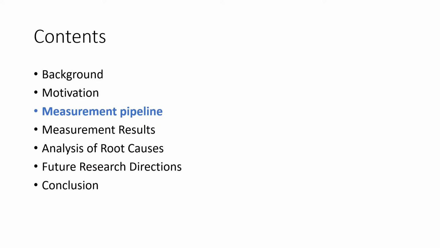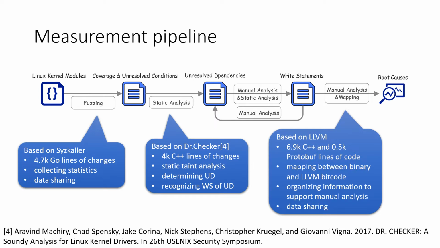Now we will introduce our measurement pipeline. For given kernel modules, we first run fuzzing to collect coverage and unresolved conditions. There are 4,700 Go lines of changes based on Syzkaller for collecting statistics and data sharing.